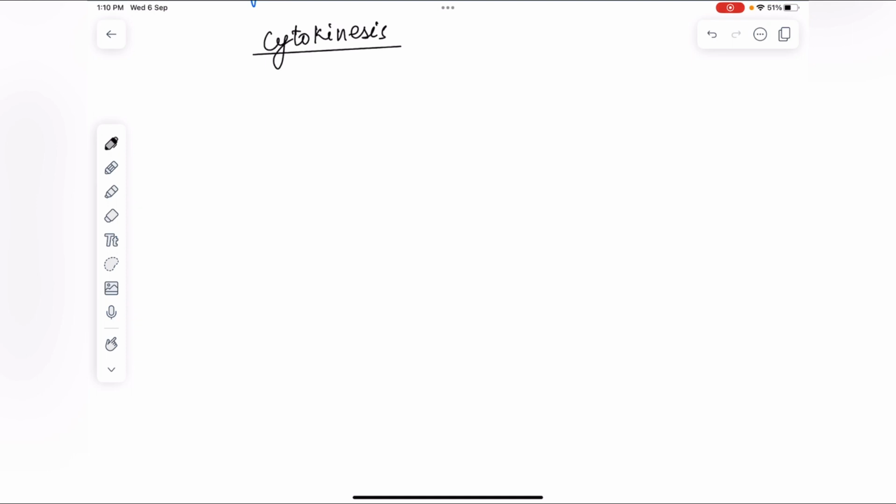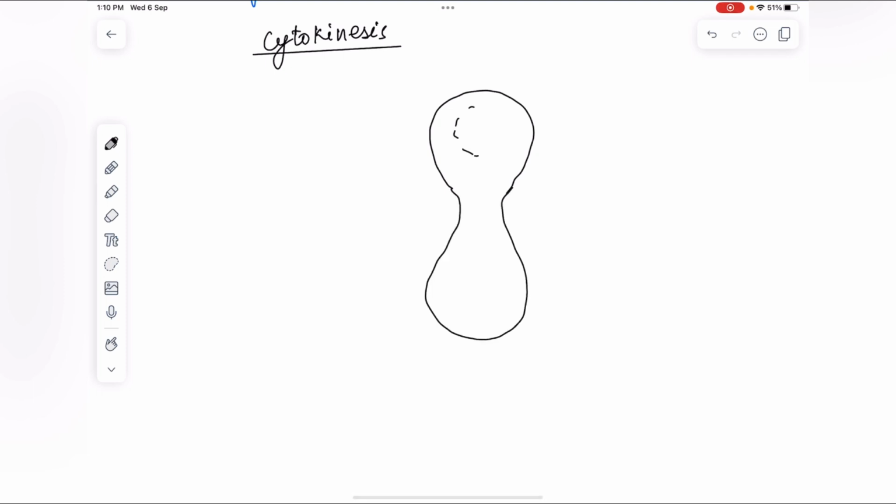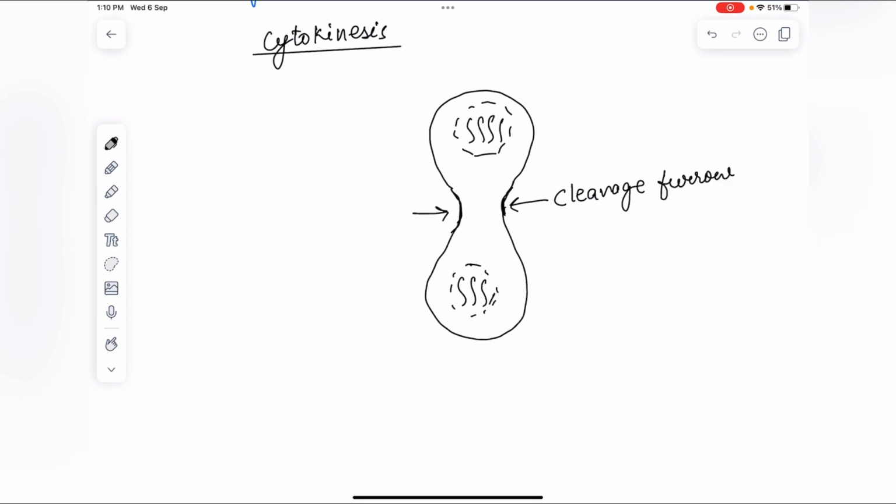In the animal cell, cytokinesis is achieved by the formation of a furrow. What is a furrow? In telophase, we have seen the shape of the cell like this. There will be a furrow, that is called the cleavage furrow.